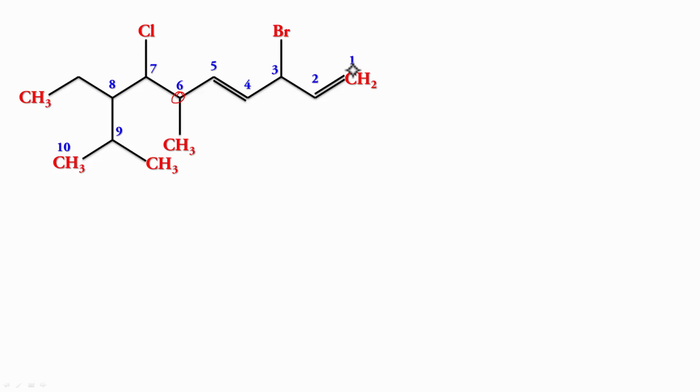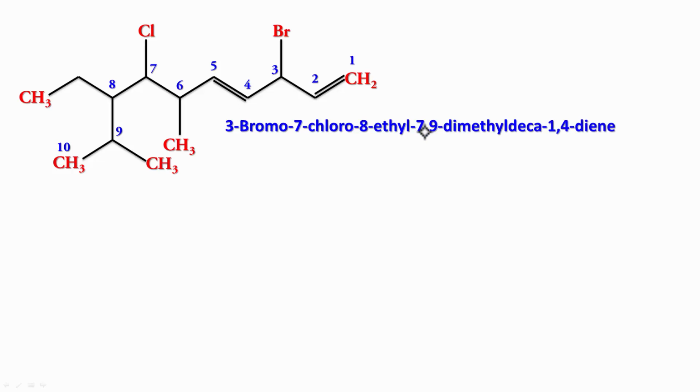And you've got the alkene at 1 and 4, so 1,4-diene. Now there's a slight problem here. This should be 6, not 7, because at 7 you have chloro, and the methyl is sitting at 6 and not 7. So just take care of this part. It is 6,9-dimethyl deca-1,4-diene.